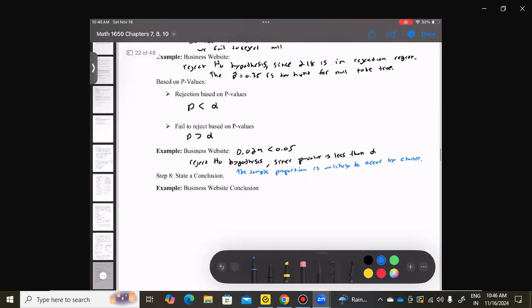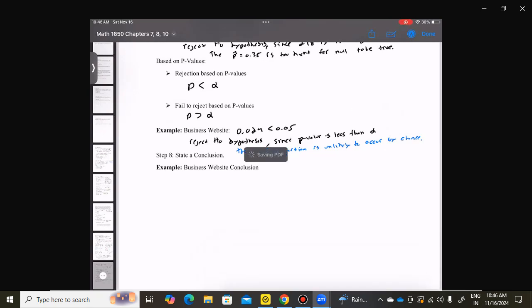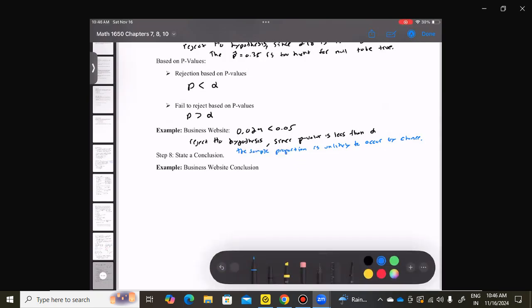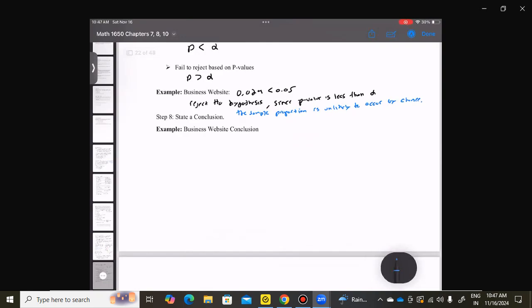So usually I focus on the p-value because for me it's easier just to look at a number and compare it to another number. But it's good to know that you can look at a graph, and when we get on StatDisk, you're going to see that you're given a graph to help see this. You can look and see where the test statistic falls. So it doesn't matter which one you decide to use. You can use both just to confirm, but they will always agree.